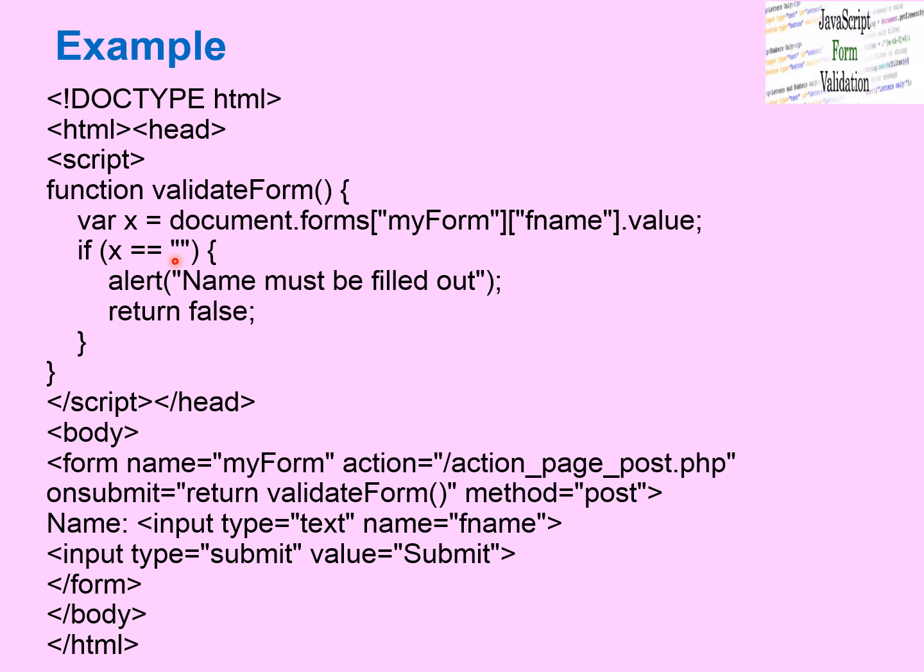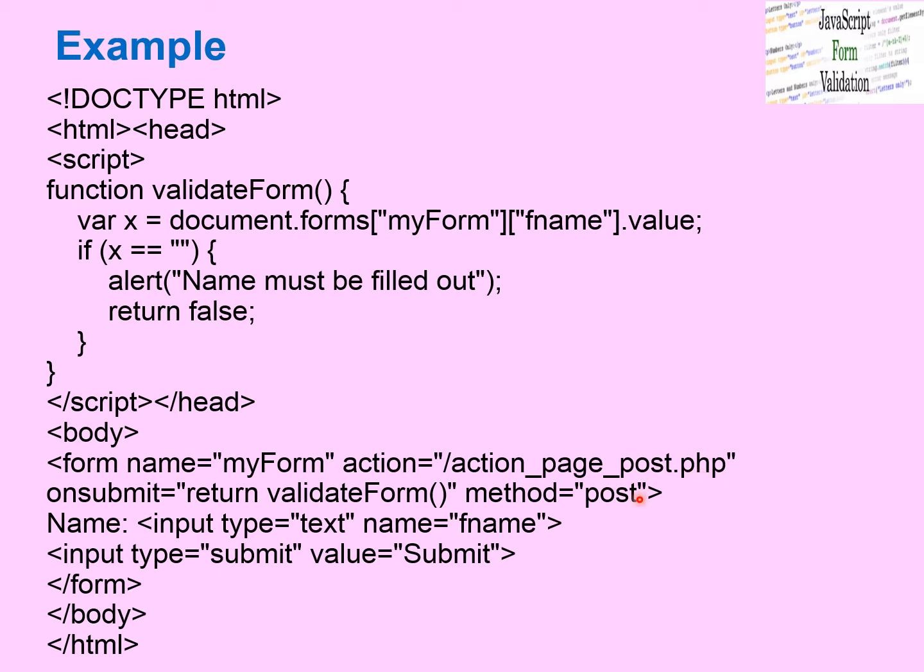So it will return a true value back to the corresponding submit. So the onsubmit event handler will have a true value, and the action will happen. So the data will be moved to the target location action_page_post.php using the post method.